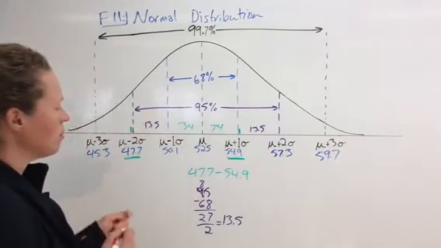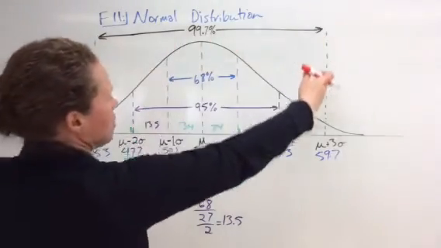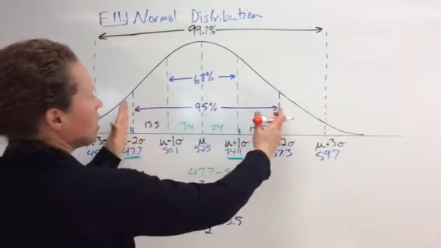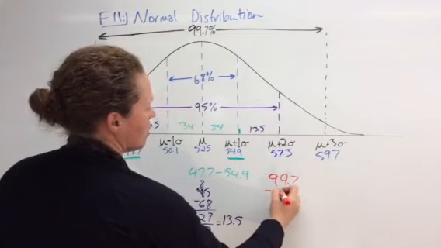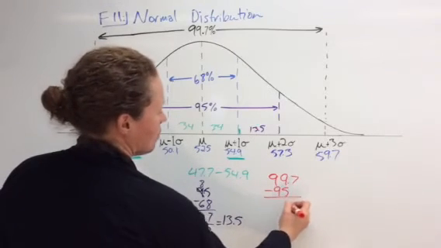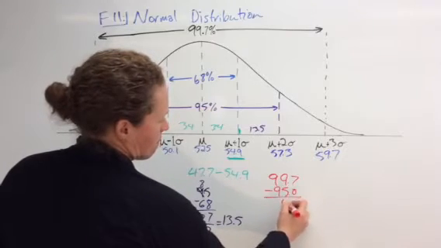So what we want to do there is 99.7 is all out here. We've already accounted for 95, so we could go 99.7 minus 95, and you're going to get 4.7.